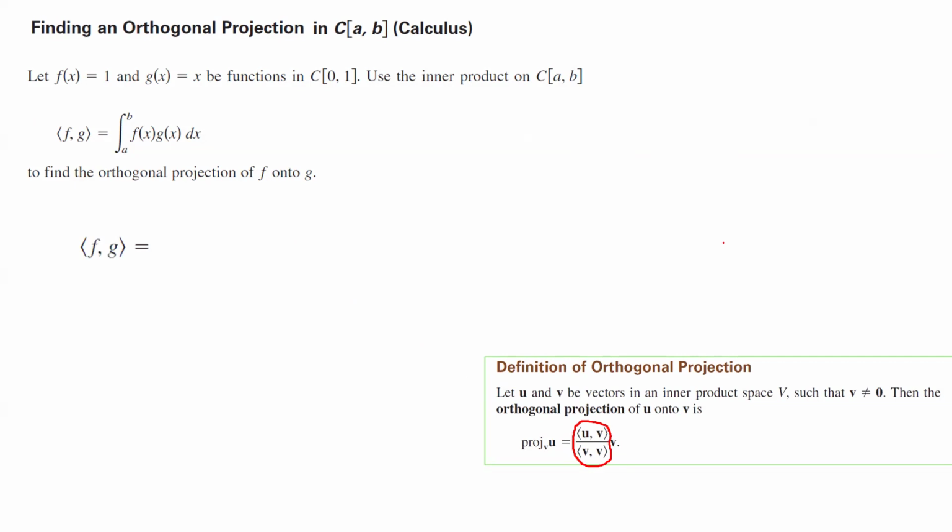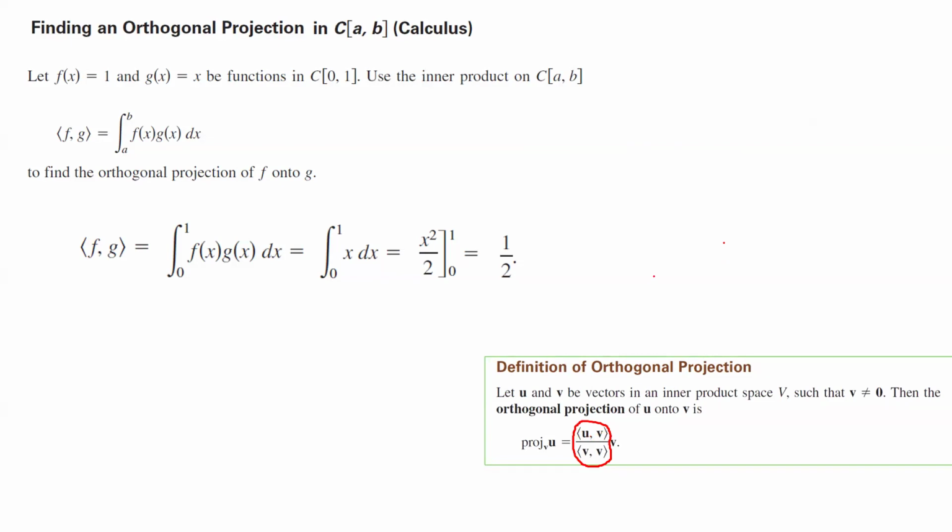What's the inner product between f and g? It is the definite integral from 0 to 1 of f times g, which is the definite integral from 0 to 1 of 1 times x, which is just x. It is going to be a half x squared between 0 and 1, which is just a half. So basically, you found your numerator. The numerator is a half.